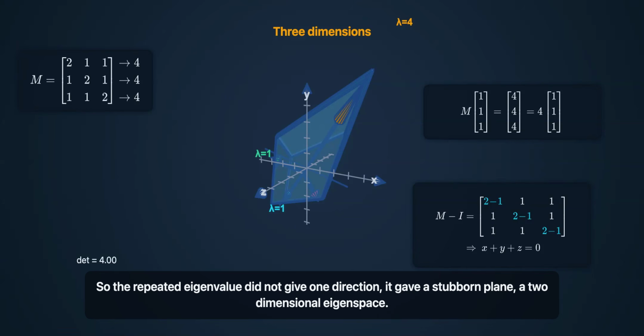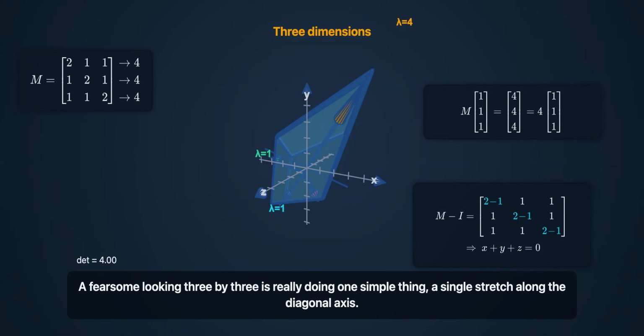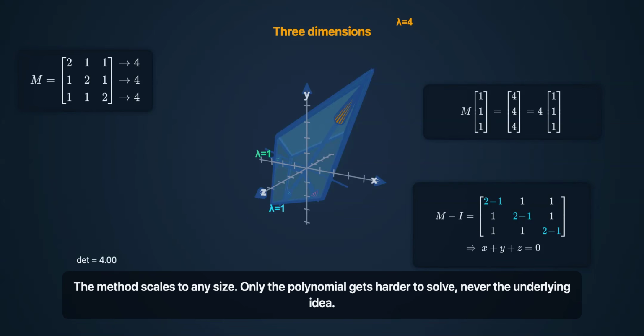So the repeated eigenvalue did not give one direction, it gave a stubborn plane, a 2-dimensional eigenspace. A fearsome-looking 3x3 is really doing one simple thing, a single stretch along the diagonal axis. The method scales to any size. Only the polynomial gets harder to solve, never the underlying idea.